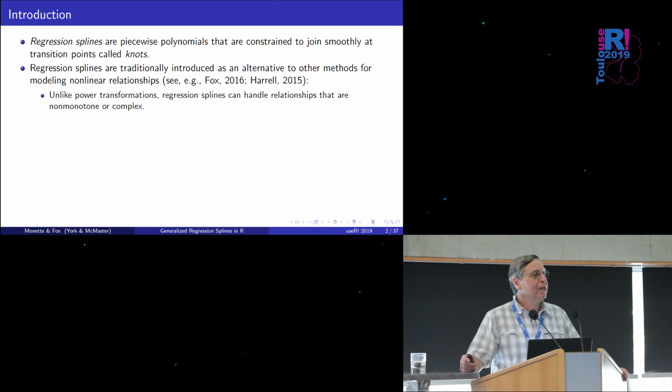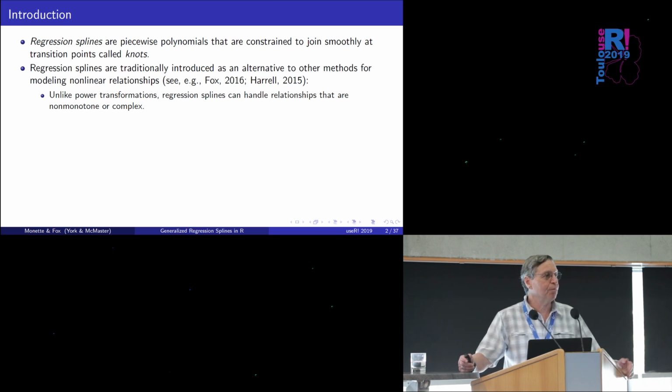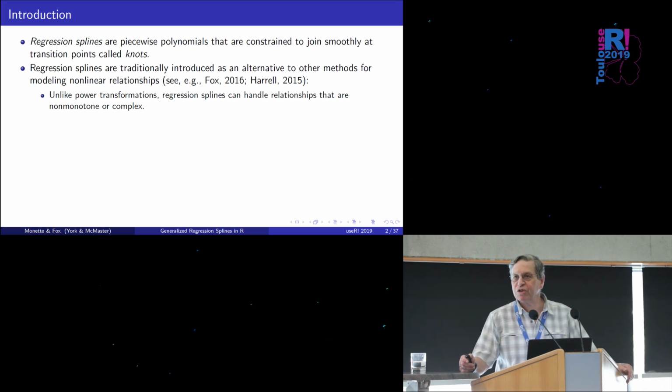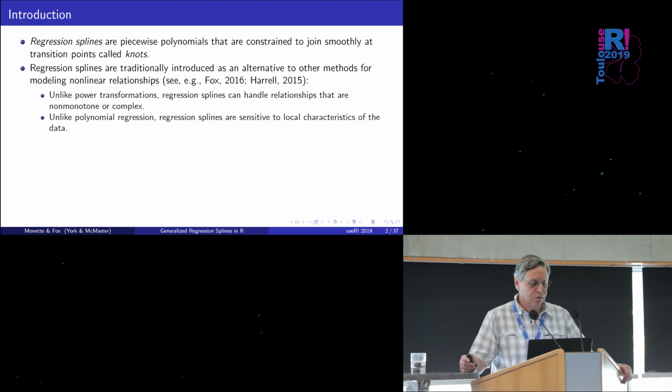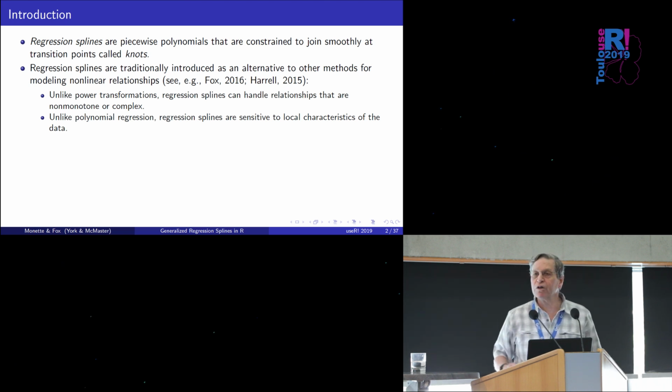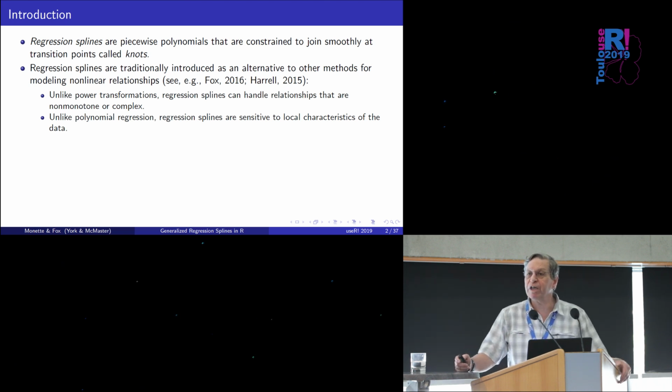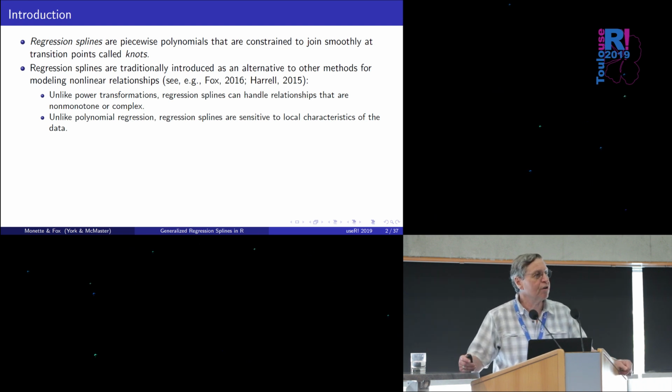Regression splines have several advantages relative to other ways of handling nonlinearity in regression models. For example, in comparison with power transformations like the Box-Cox family, including the log transformation, regression splines can deal with relationships that aren't simple or that are non-monotone. Another more traditional way of dealing with nonlinearity in parametric regression models is by polynomials, like quadratics and cubics.